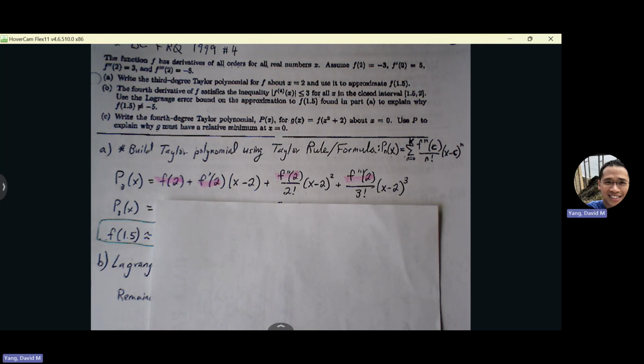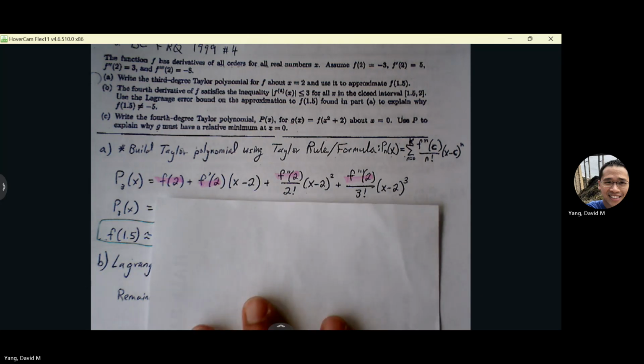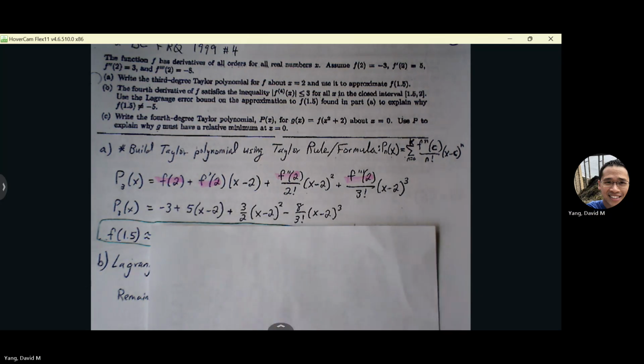After that, your fractions will start appearing in the pattern. Okay, replace all your numerators in function notation with the values provided at the top. Replace all your x's with 1.5.